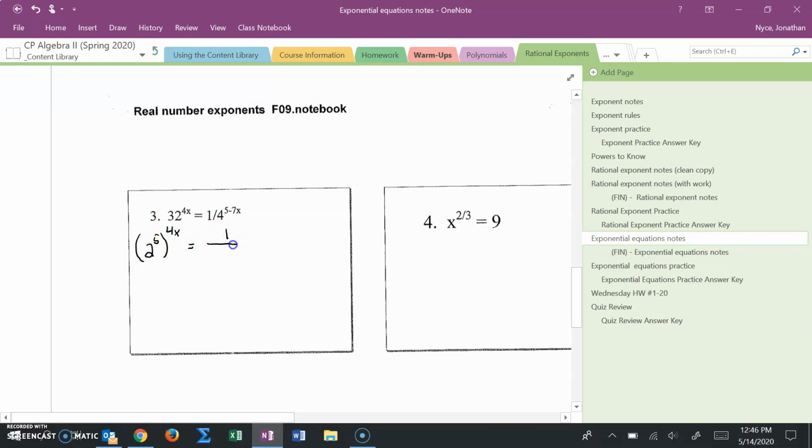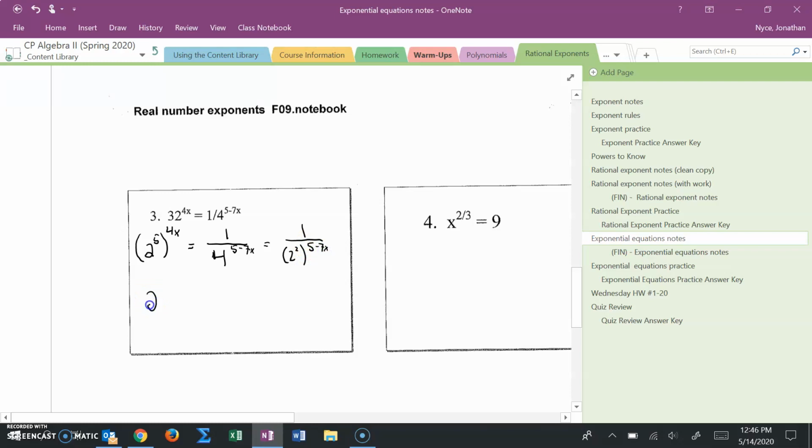And we have 1 over 4 to the 5 minus 7x. Whoops. I'm going to rewrite that 4 as 2 squared raised to the 5 minus 7x.